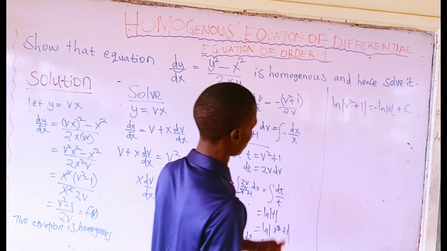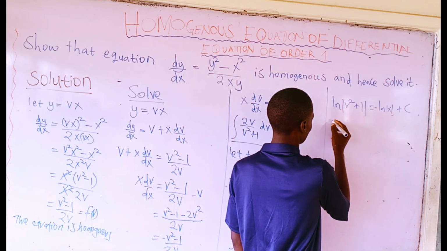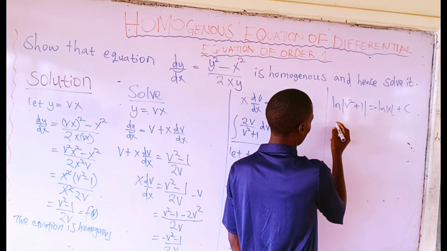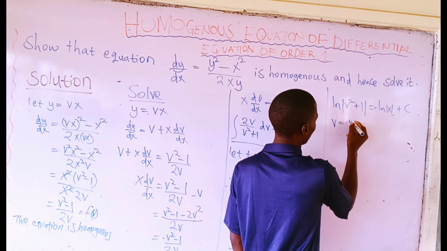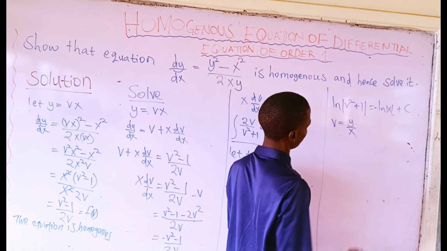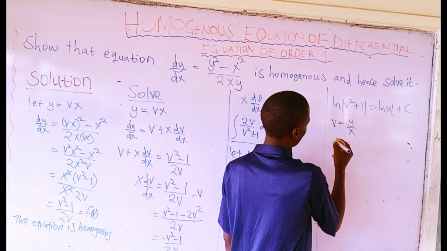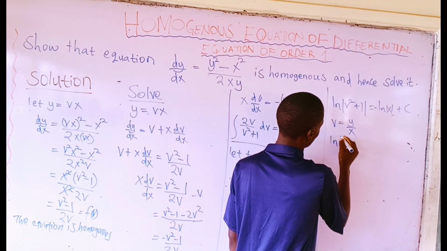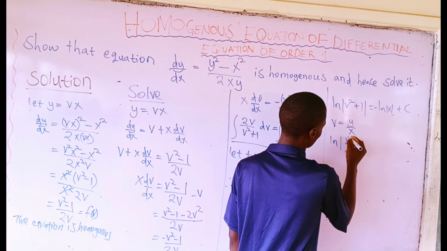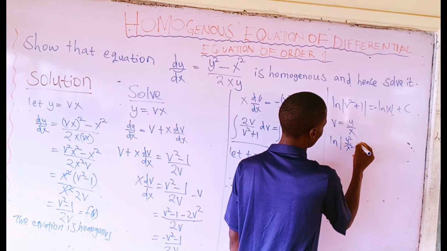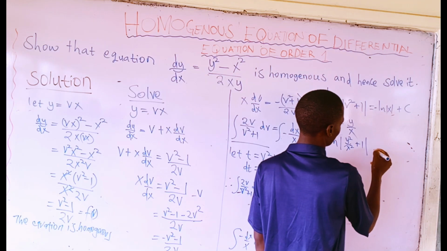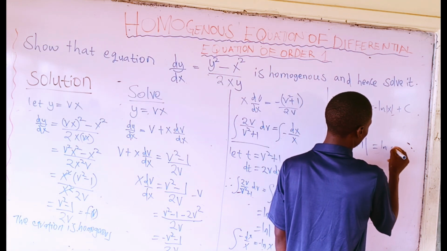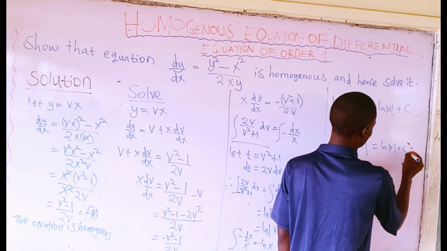After writing this equation, you should recall that v is the same as y over x. So this equation is going to be ln of y squared over x squared plus 1 is equal to negative ln x plus c.